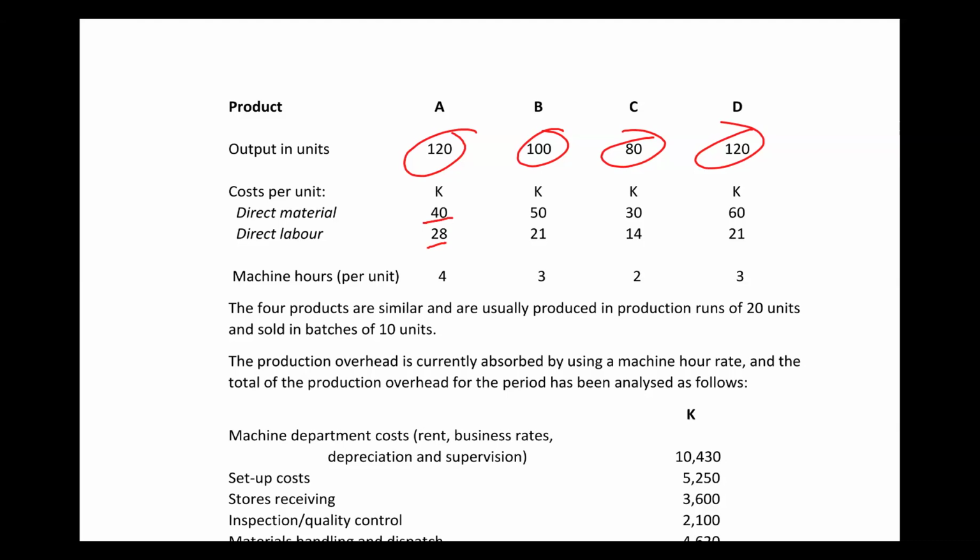For product A, you could multiply, for direct material, 40 times 120. That would give you the total direct material cost. 28 times 120 would give you the total direct labor cost. Now, we know that total cost is made up of the prime cost, basically the direct cost, plus the indirect cost, the overhead cost, right?